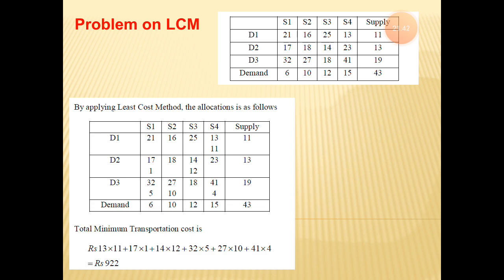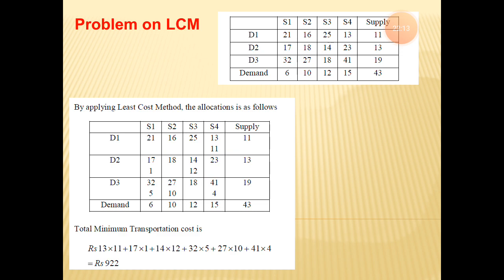Next, you have to search for the next minimum cost. Other than 13, which is the minimum cost available? Check the entire matrix. 14 is the lowest cost, so you allocate for that. For 14, the supply available is 13 and the demand is 12.